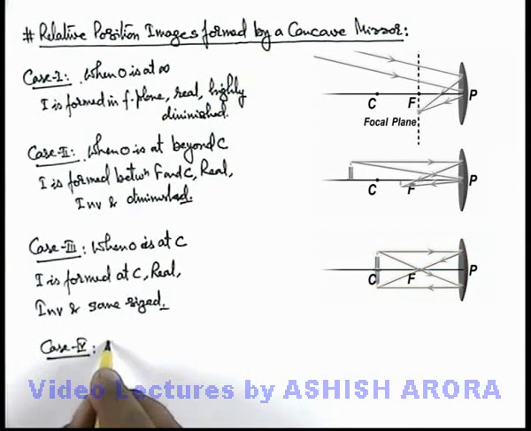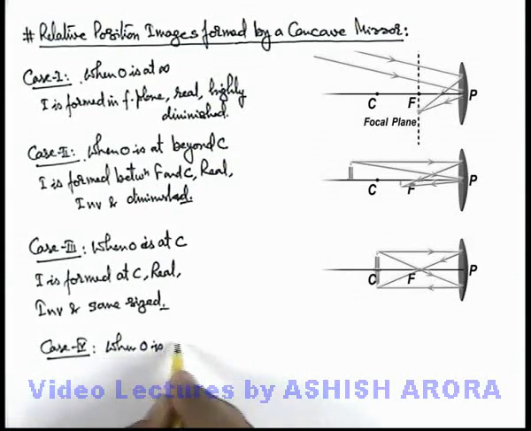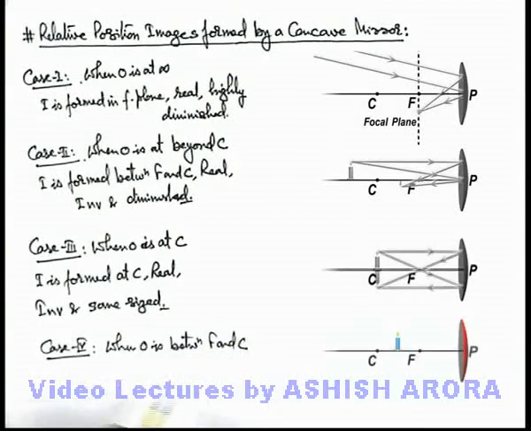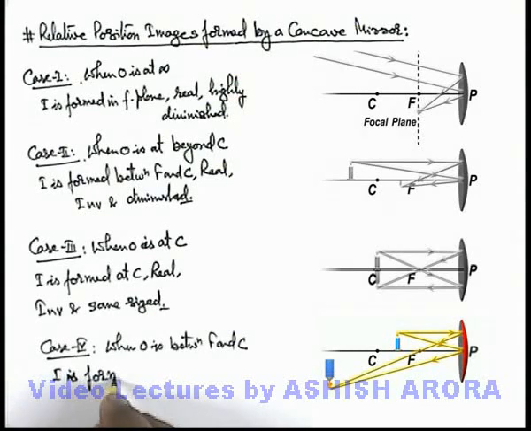And if we talk about case 4, where the object is between F and C. Here you can see the object is located between the F point and the C point. Again if we consider two rays incident on the mirror, one parallel and the other incident on the pole, then after reflection the converging rays meet at a point producing the image beyond C. So here we can write the image is formed beyond C because of converging rays.